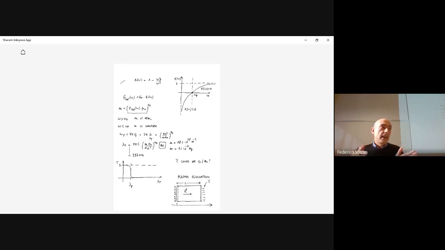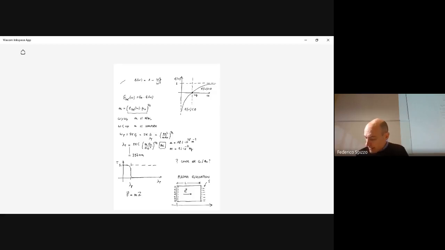So any oscillation produces a restoring force that tries to bring the system back to equilibrium. In this way, we may write down the equation of motion of this system using the second law of dynamics. So we may write that the force applied to the electronic cloud is equal to the mass of the electronic cloud times the acceleration of the cloud.